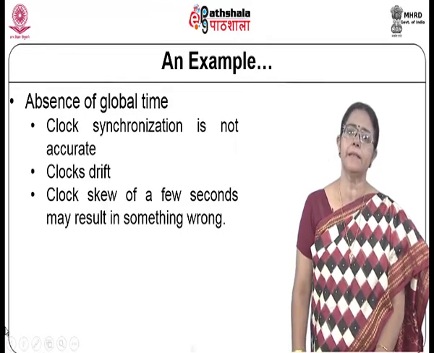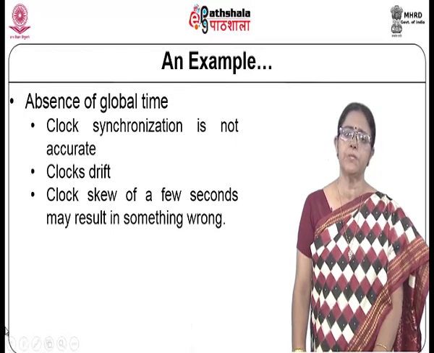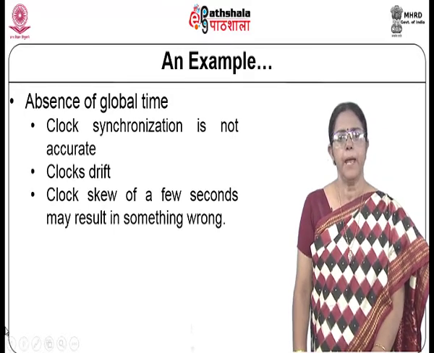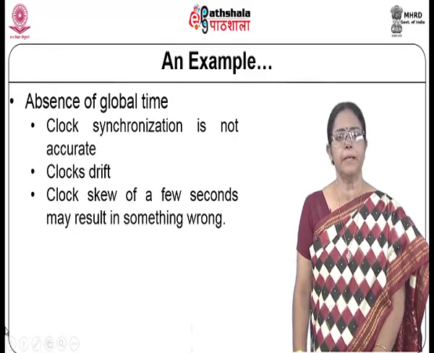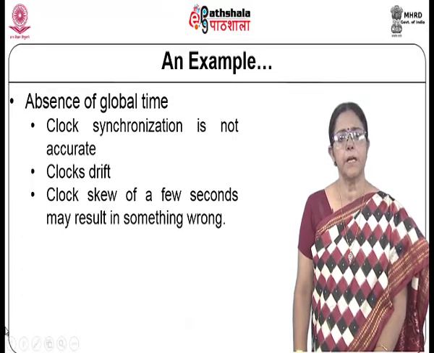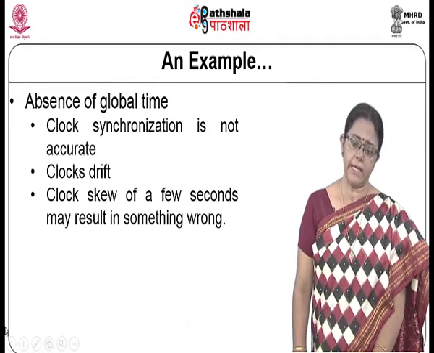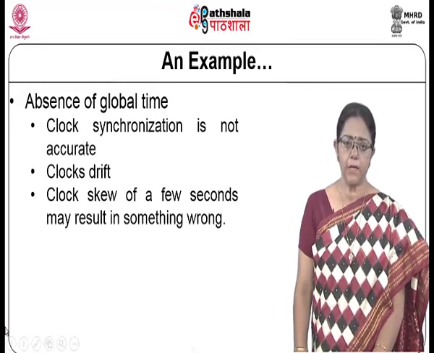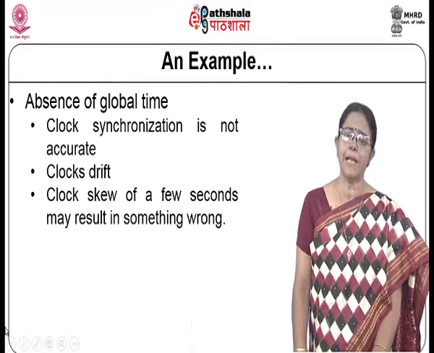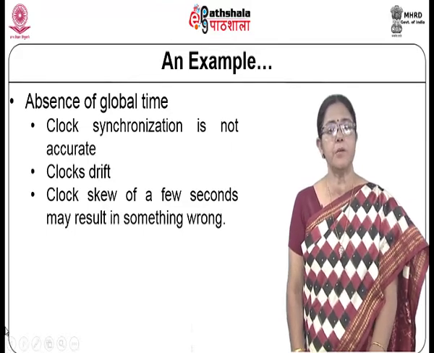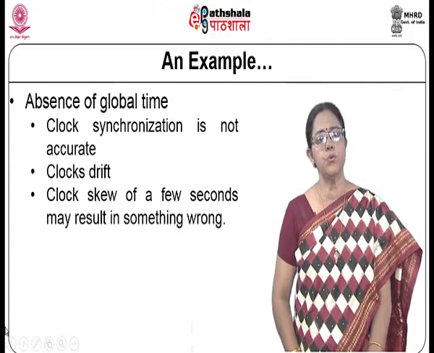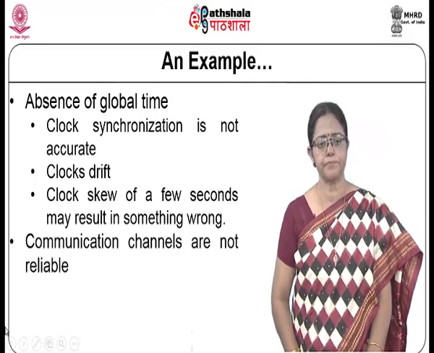We saw that a solution to this is to synchronize more often, but we must remember that the amount of time we spend for this kind of work is important, and we should not be spending too much time. So, in general, we make an assumption that there is no concept of a global time.